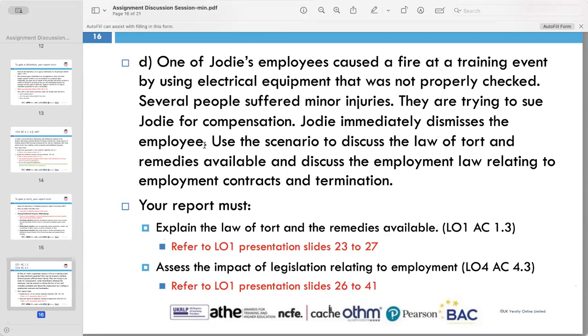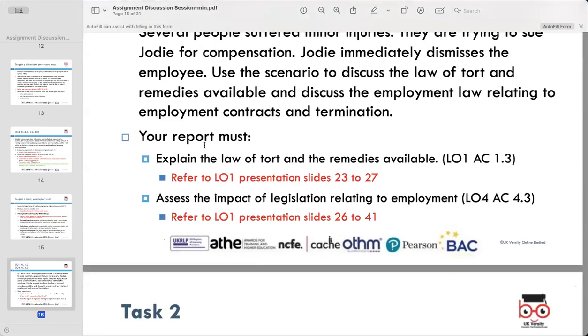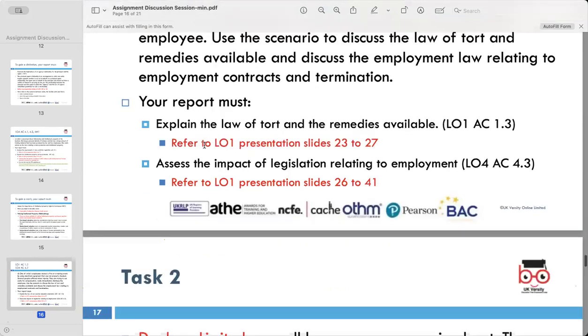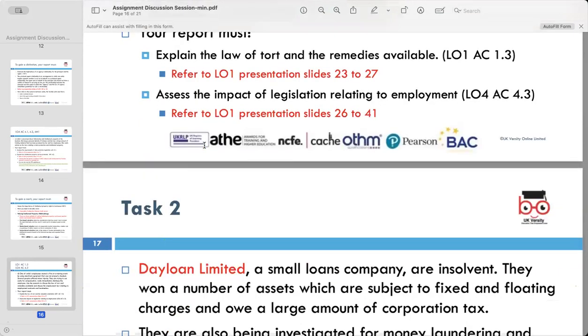So this is all we're doing. We're not going to give our personal judgment, because we're not being assessed on that. We're not being told this is a definitive decision on who is right and who is wrong. And also, just be mindful that we are representing our client, Jody.